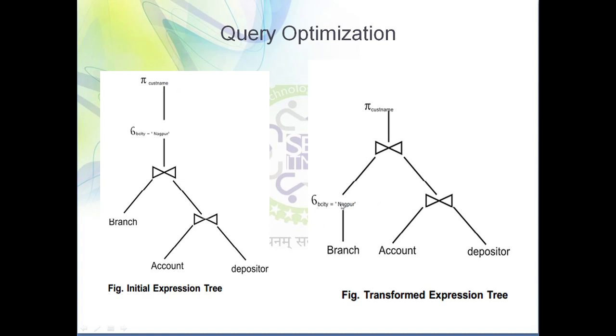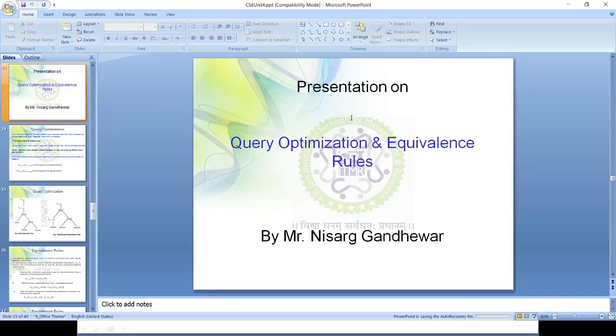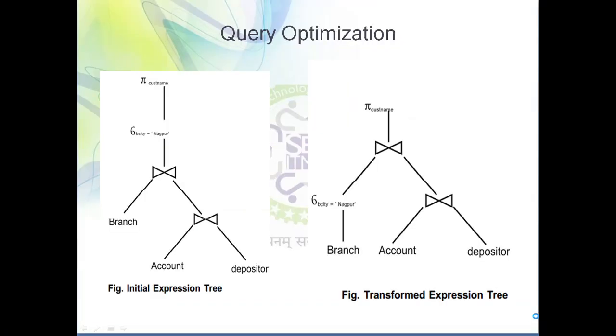Imagine that in the branch table a total of 1000 rows are there, and you perform the selection operation for Nagpur city only. Just consider that only 100 rows consist of city Nagpur, and the rest of the 900 rows consist of a city other than Nagpur.